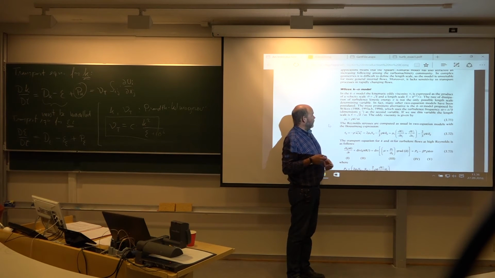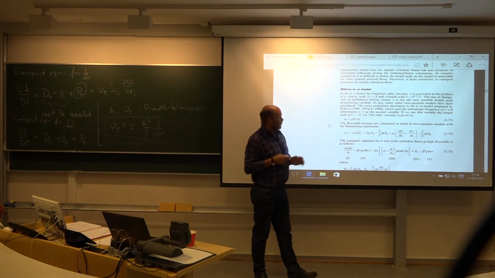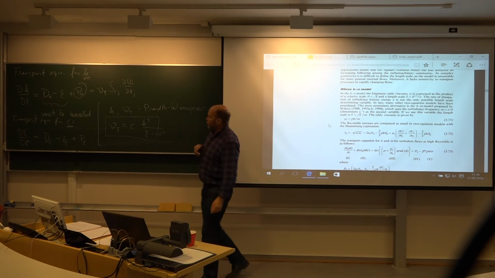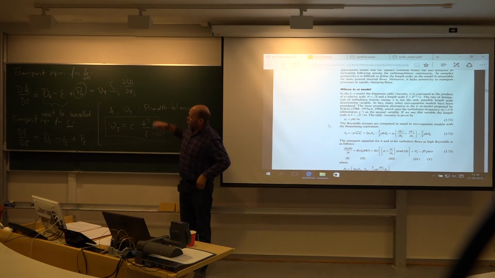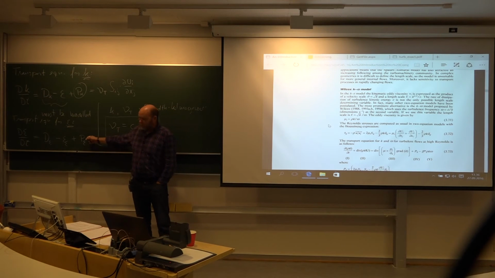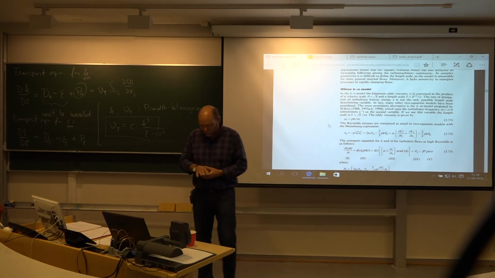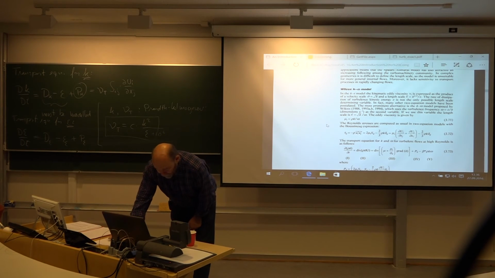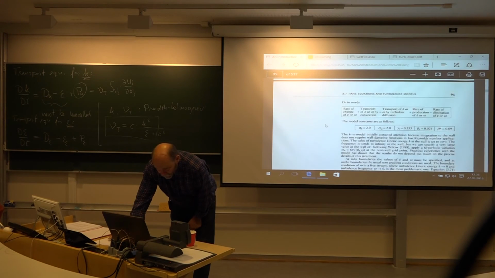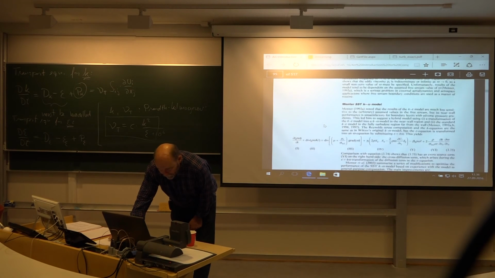Omega here being sort of a turbulent frequency, but else it's fairly close in philosophy to the K epsilon. You don't use the epsilon equation, you use an omega equation instead. We will have more information on how to use these models in OpenFOAM later on.